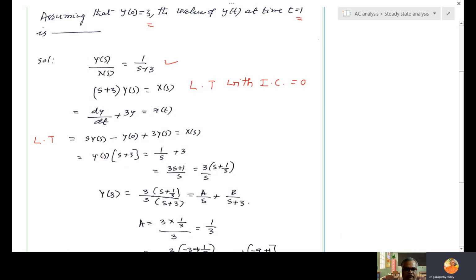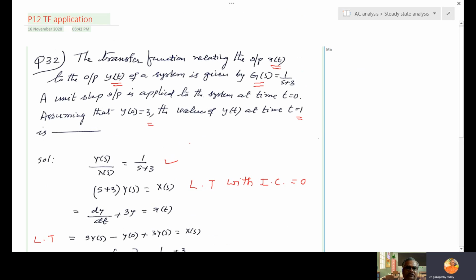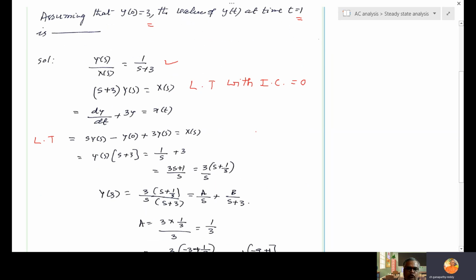So solve for Y of s. What is X of s? X of s is for a unit step input. What is the Laplace of a unit step? It is 1 by s. So simplify Y of s.